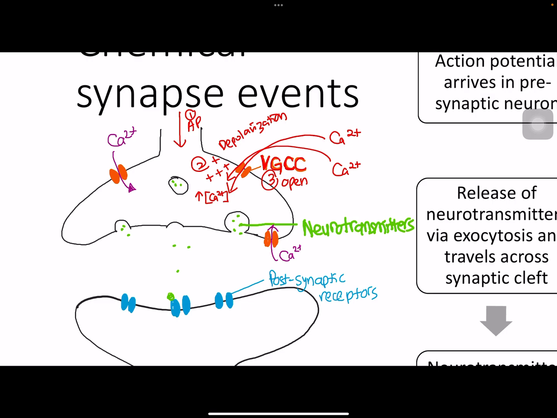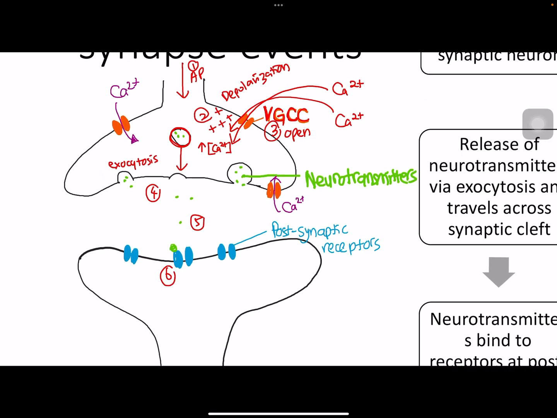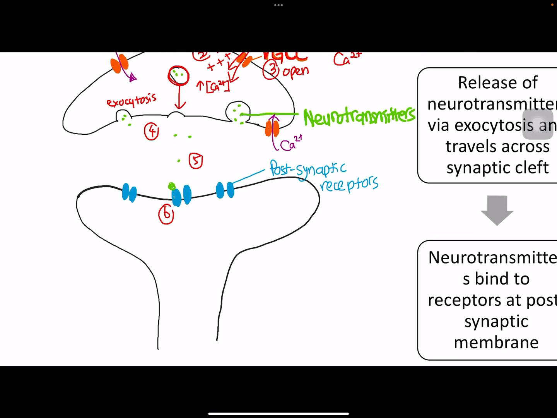When this occurs, the synaptic vesicles containing the neurotransmitter will move and fuse with the cell membrane, and then release the neurotransmitter into the synaptic cleft by the process known as exocytosis. This neurotransmitter will then travel across the synaptic cleft and bind to the receptors on the postsynaptic membrane.